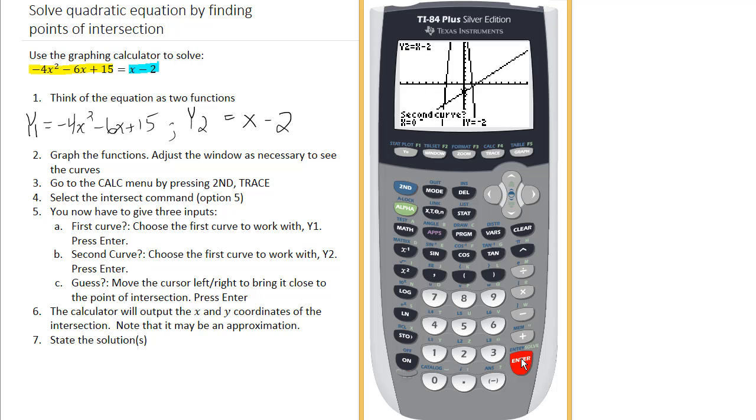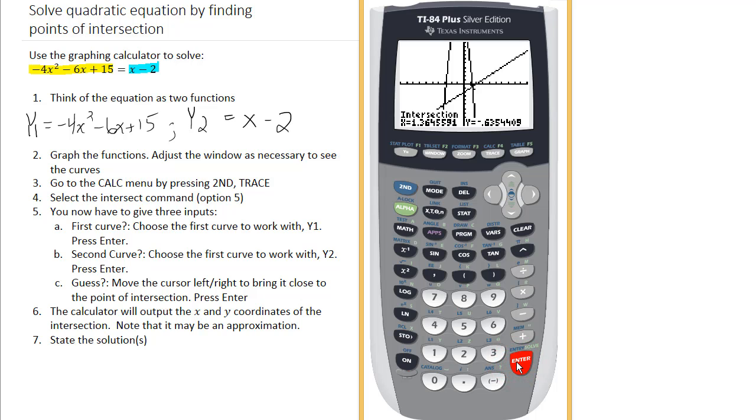Good. I'll press enter. For the guess, I'm going to move my cursor left or right as necessary to bring it close to the point of intersection. I'm going to first find the point of intersection that's in quadrant 4. I'll move my cursor to the right. I want to get close to where I think the point of intersection is, and I'll hit enter that 3rd time.